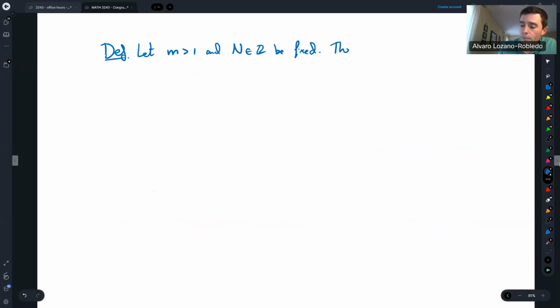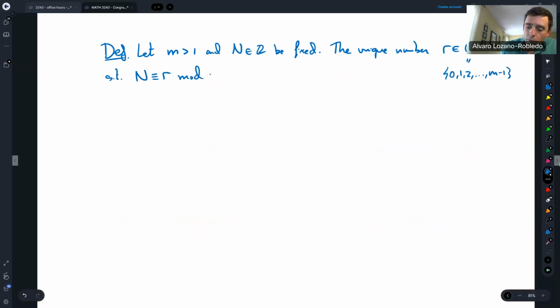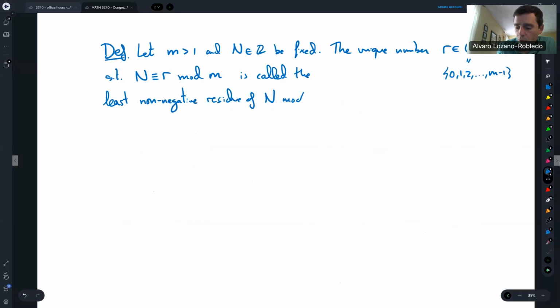The unique number r in Cm, where Cm was like before 0, 1, 2, up to m minus 1, such that n is congruent to r modulo m, that unique number r is called the least non-negative residue of n modulo m.